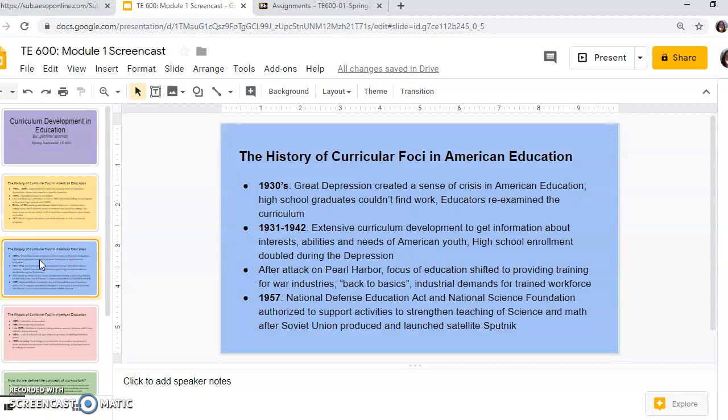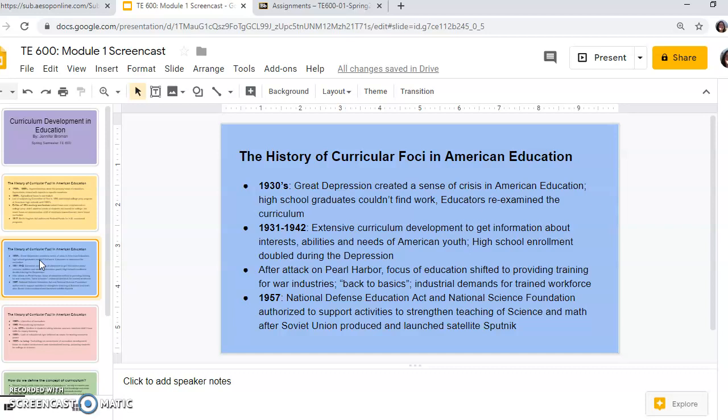In the 1930s, the Great Depression created a sense of crisis in American education, because you had a lot of high school students that couldn't find work after graduation, and that caused educators to re-examine the curriculum.